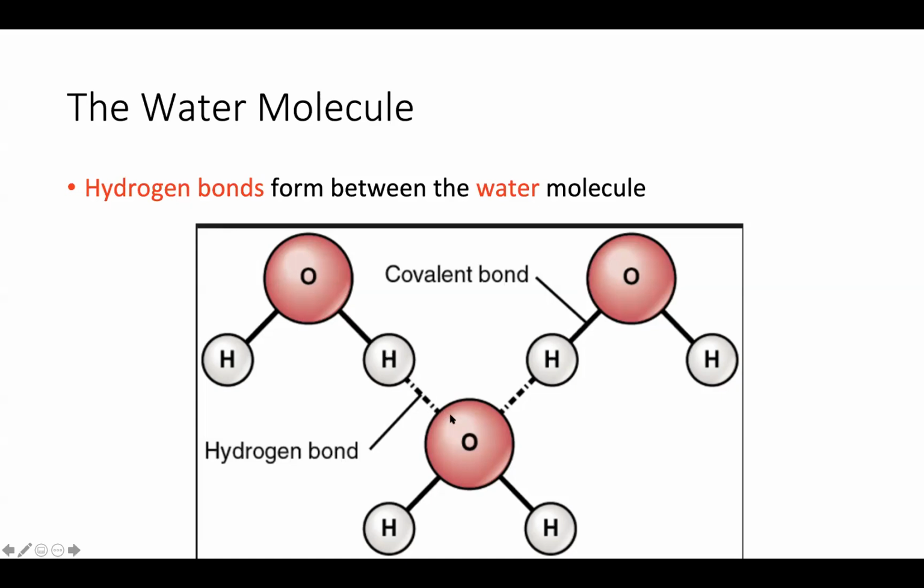So hydrogen bonds form between separate water molecules here. We have one water molecule where we have two hydrogens and one oxygen. This is one water molecule. This is another water molecule, and hydrogen bonds are there.